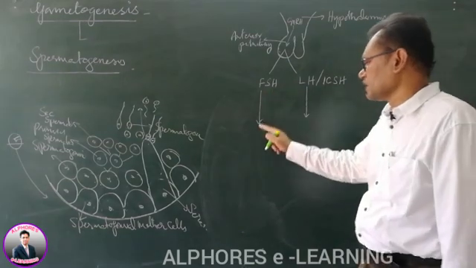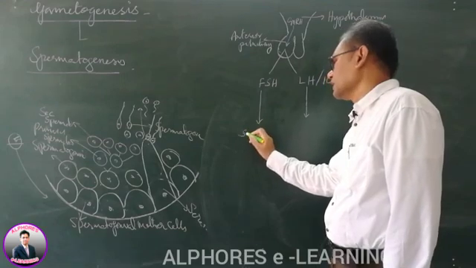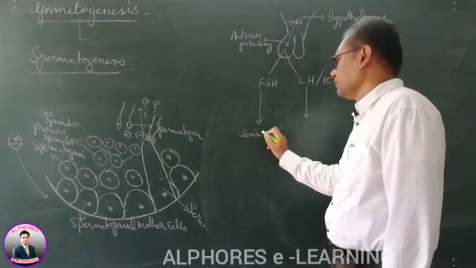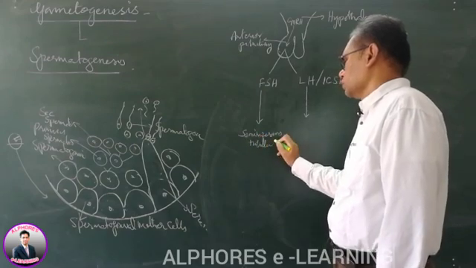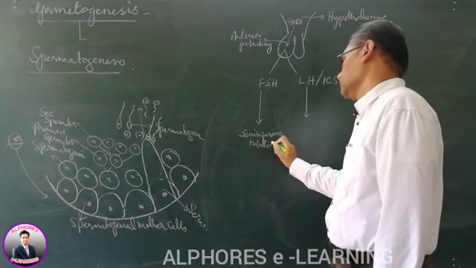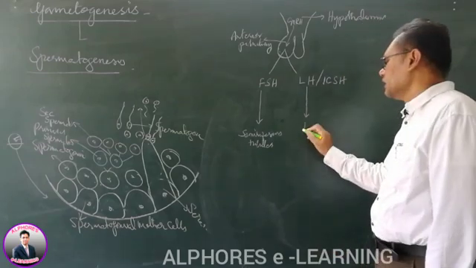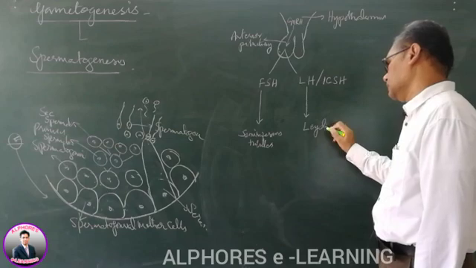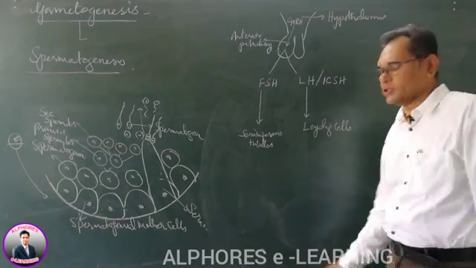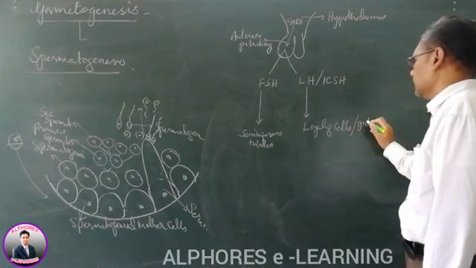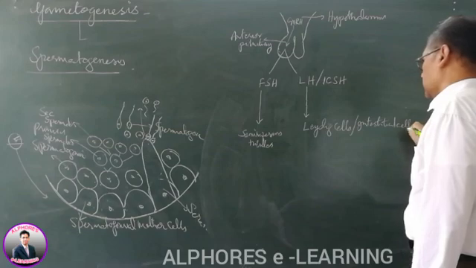Now FSH acts on the seminiferous tubules, whereas LH acts on Leydig cells. Leydig cells are otherwise also called interstitial cells of Leydig, or interstitial cells.